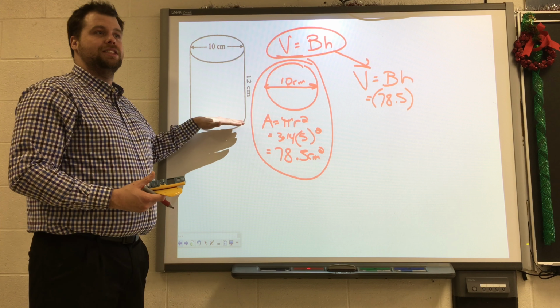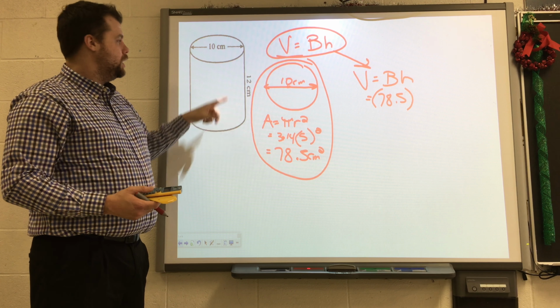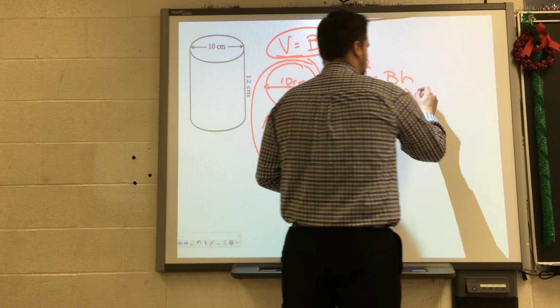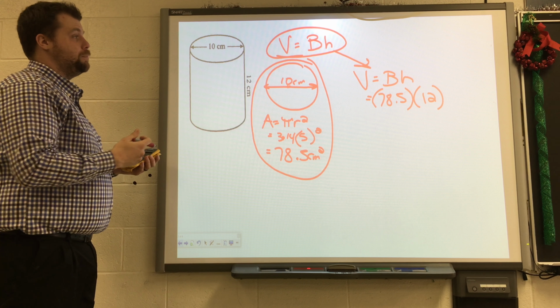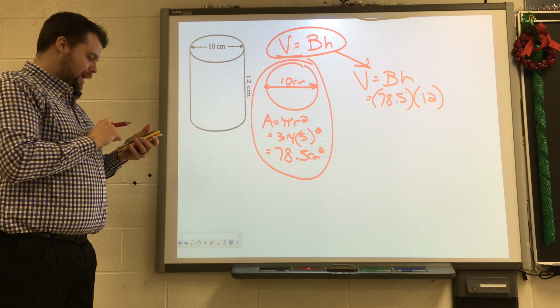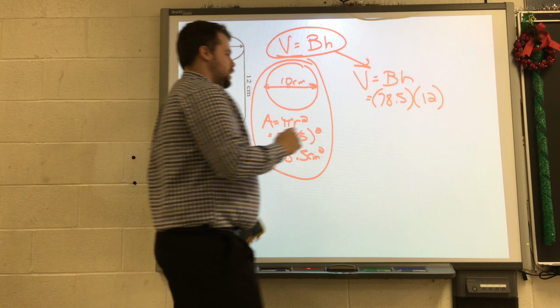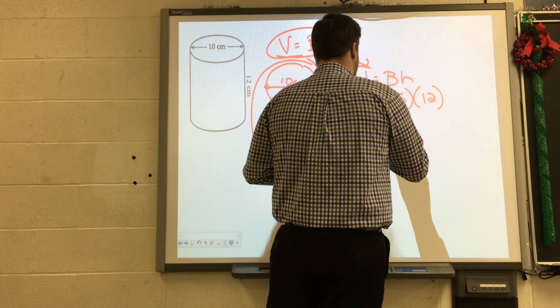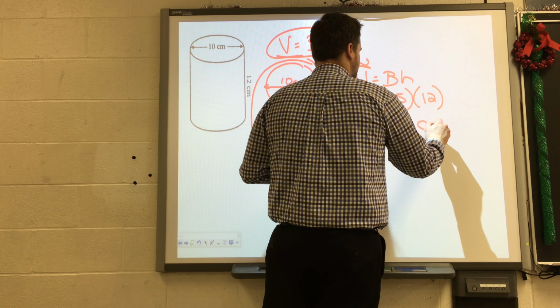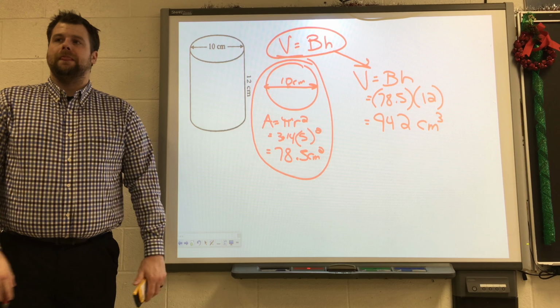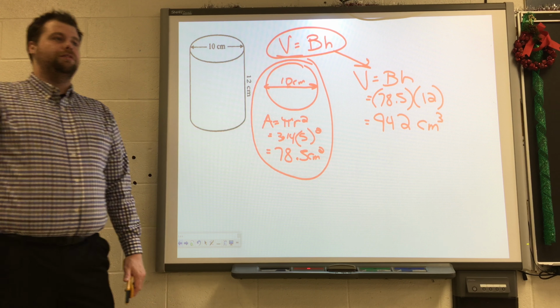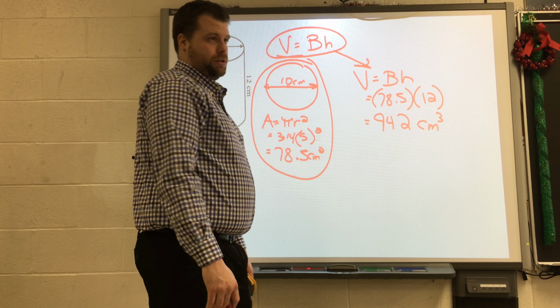The height, or the distance between these two circles, top and bottom, is 12 centimeters. So I'll take 78.5, I'll multiply that by 12. I get 942 centimeters cubed. And that's how I find the volume of a cylinder.